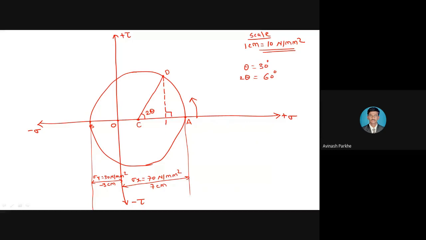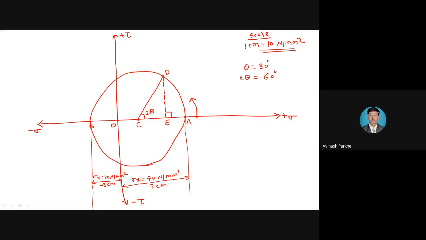It will come in contact with line AC, and you will get one point E in between A and C.